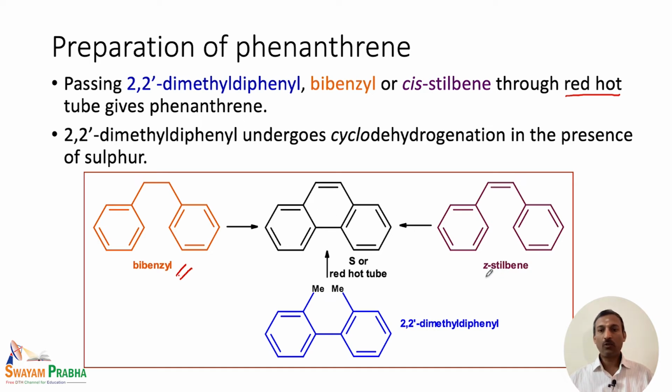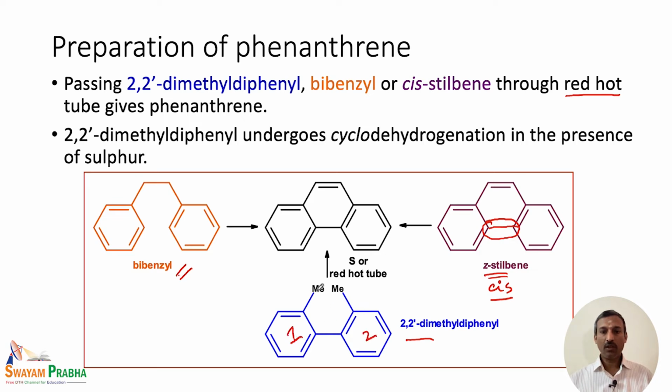And we can also start from Z-stilbene, the cis isomer. The cis isomer of stilbene also undergoes cyclization, because these two carbons are connected and a bond is formed here, which leads to the phenanthrene compound as shown here. And we can also start from 2,2'-dimethyl diphenyl. From this structure we can see two rings are already there in the starting material.